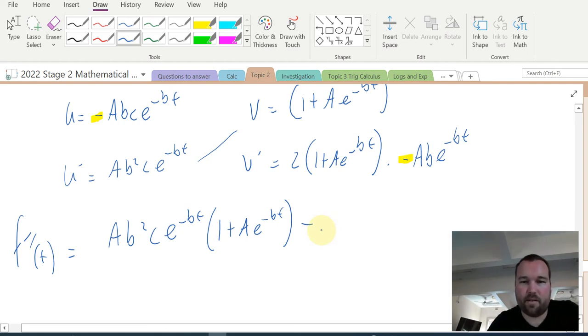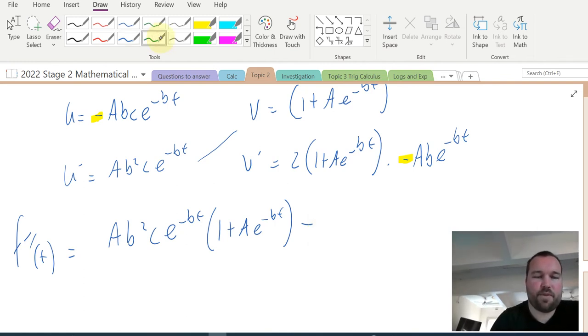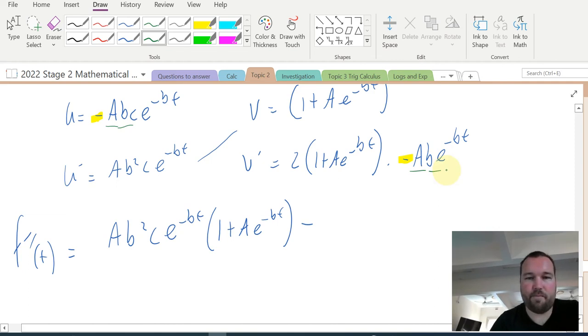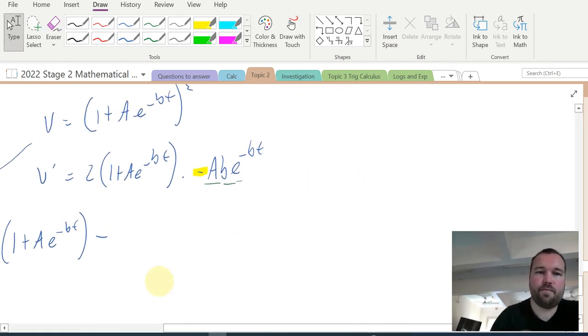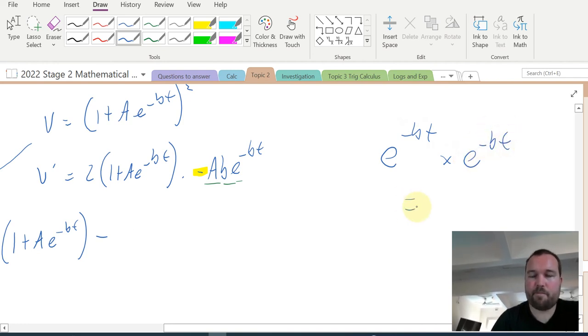Let's combine, well, just trying to figure out the best way to deal with the alphabet soup coming out. The a and the b will double up with an a and a b. So when you multiply e to the minus bt by itself, let's think about that, e to the minus bt multiplied by e to the minus bt. When you multiply something with a common base, you add the powers.